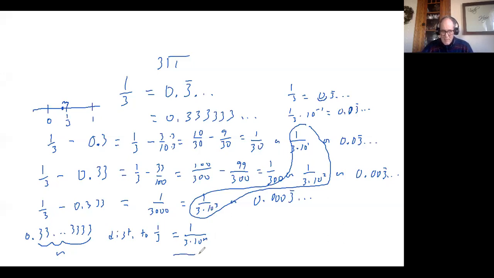Now, why is that important? Because we see that if there's always that distance between 1/3 and the estimator or approximation, there's no way that adding threes, repeating threes, can put this over 1/3. Can't be done. We're always going to have that space there.